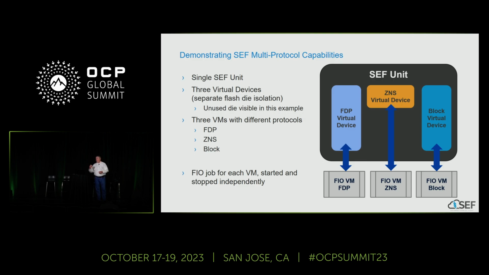The second zone is going to run ZNS. And the third zone is going to run a standard block mode protocol. And then within each of those zones, I can run different workloads. For example, like a web app or a database app or a general read I/O path, right? So you can see FTP, ZNS, and block.